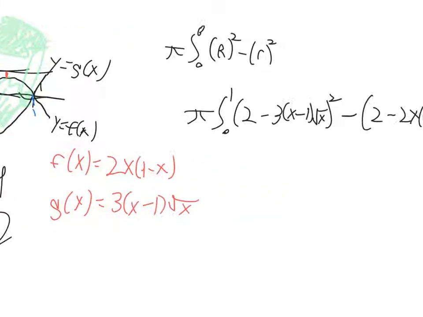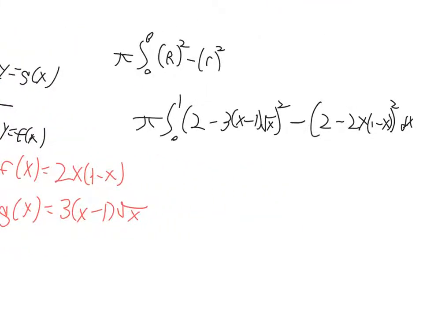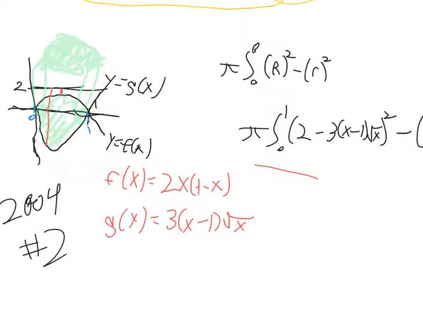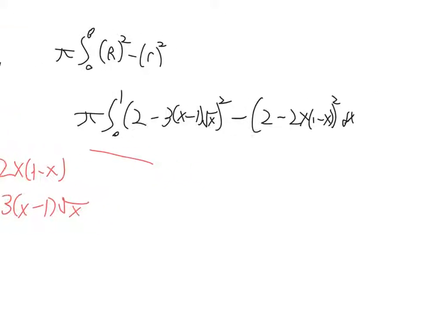And so that's what we have over here, 2 minus g of x. Sorry, I kind of explained that backwards, but that's what it is. And so all of this over here is how you would find the volume of this solid of revolution about 2.